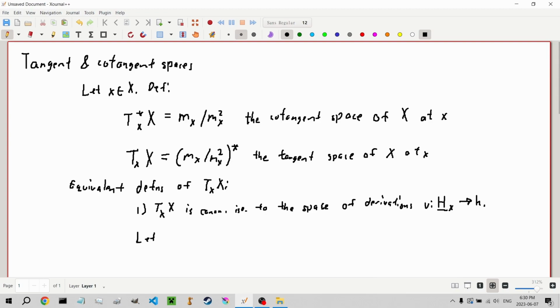So let v be in T_x of X, which we know is a linear form on the maximal ideal generated by x, which vanishes on its higher terms, essentially.